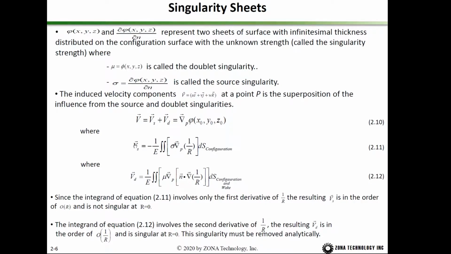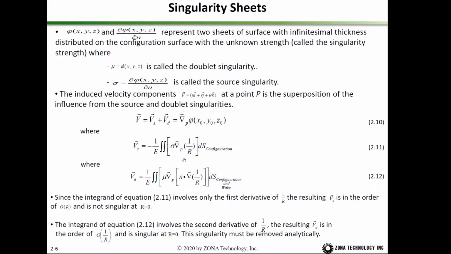Where phi s is the integral which has integrand 1 over r and take the gradient, and this is the unknown source singularity. The perturbation velocity due to doublet is n dot times gradient of 1 over r, and take the gradient with respect to x naught, y naught, z naught.